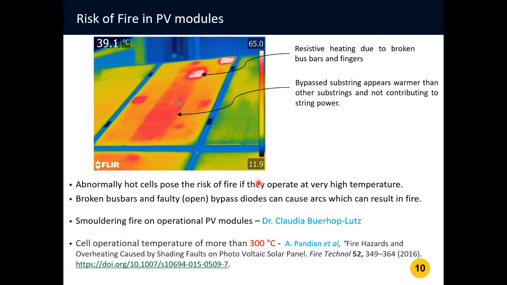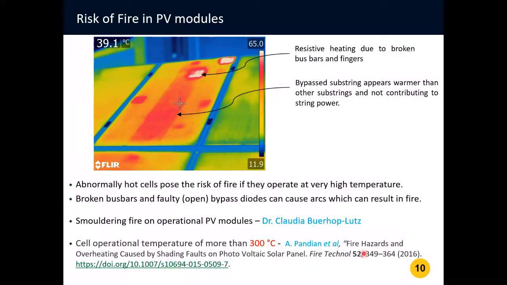Okay, other researchers like Claudia Buerhop, an engineer in Germany, showed in their work that smoldering fire can be caused by hot cells.